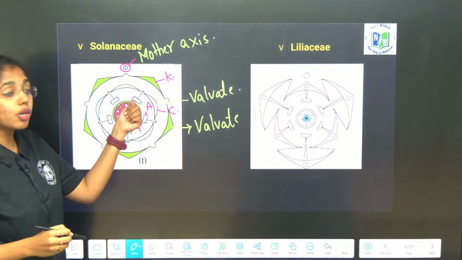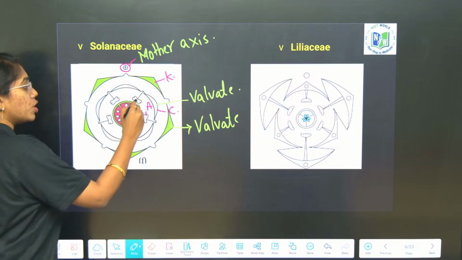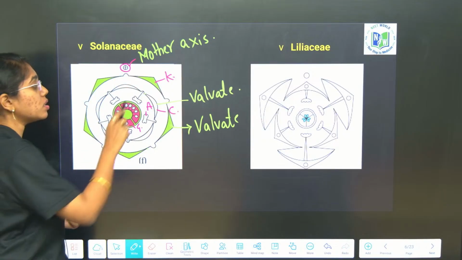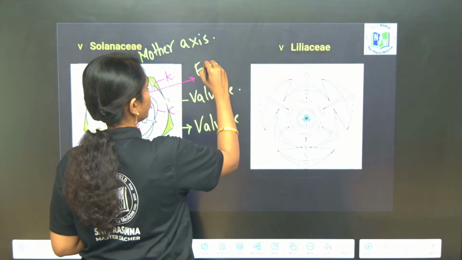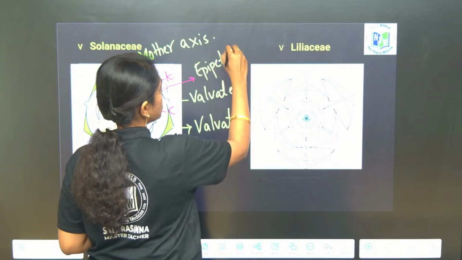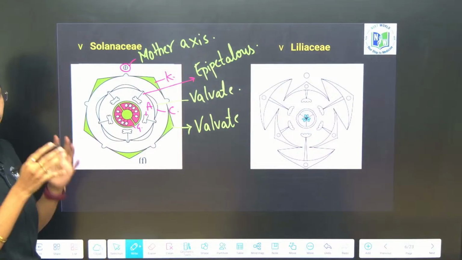Here androecium is showing adhesion with the petals, yes or no? Androecium is showing adhesion with the petals. This is called as what condition? Epipetalous condition. And then gynoecium at the center which is bicarpellary.